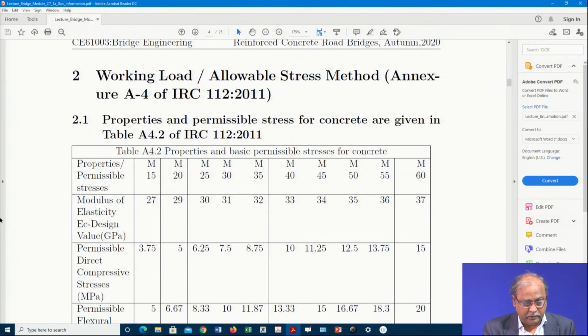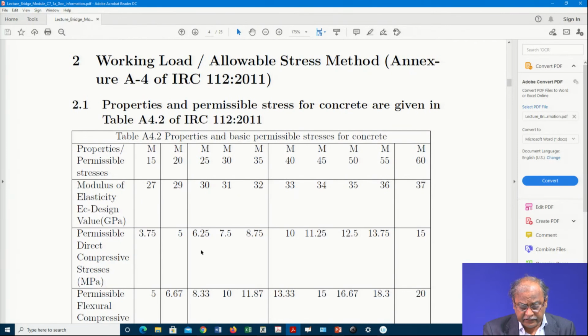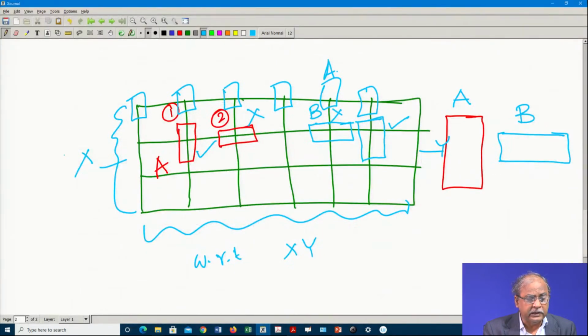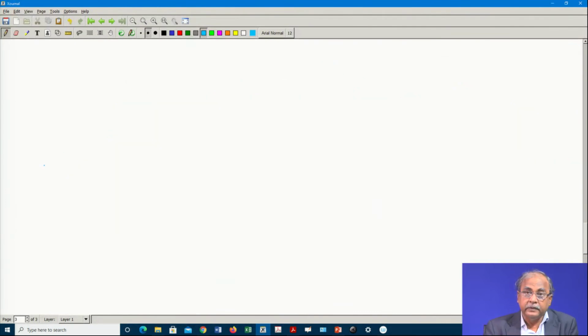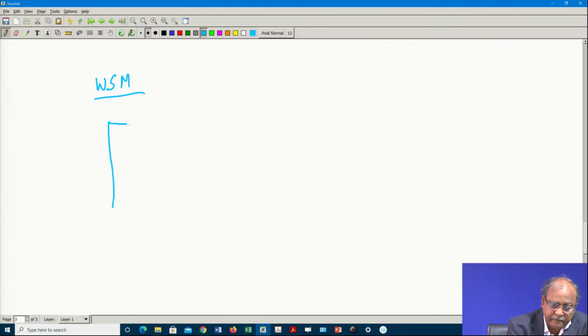So, I have given that one, the working load allowable stress method, whatever the values that we get. Actually I would like to make it like this: our working stress method, the stress is like this.